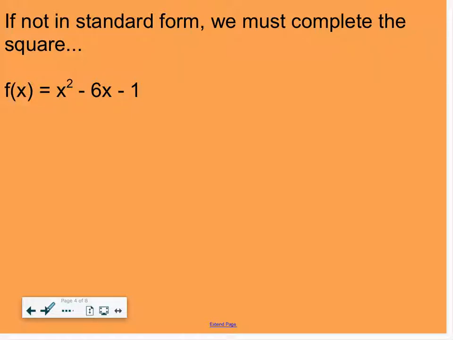So this is somewhat of a review. A review that we probably need. It's a skill that we still need to work on. But we're not starting from scratch, so that's the good news. Okay? So I will remind you that when we have to complete the square, here, let's see.